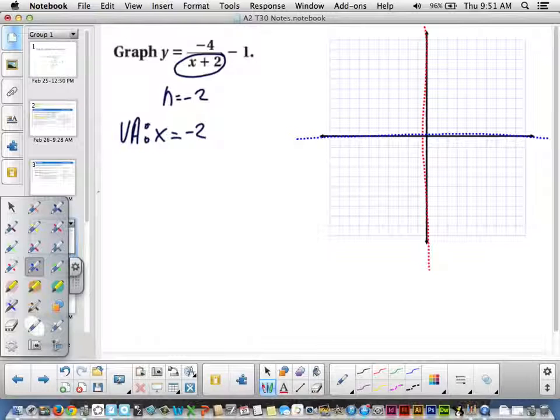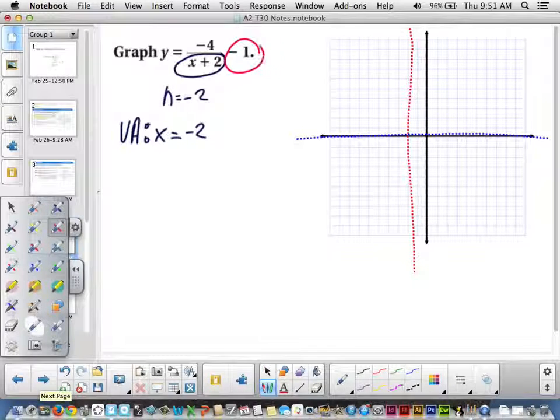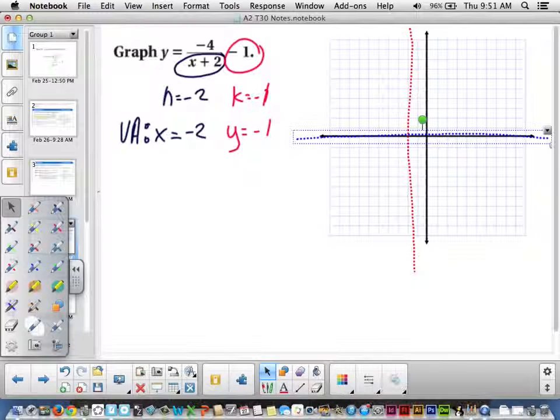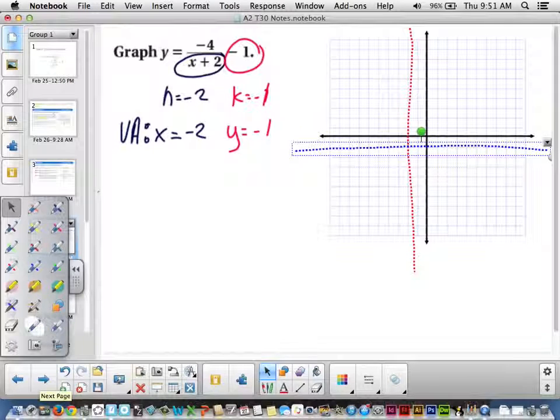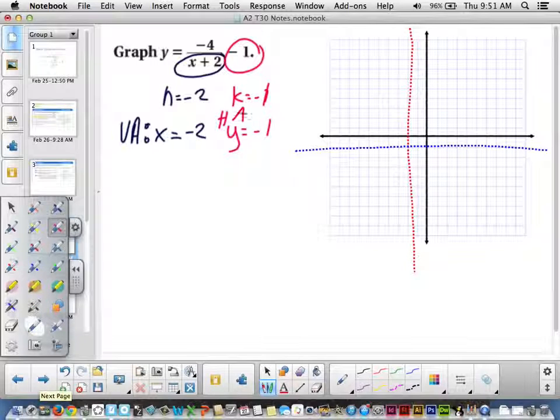Our horizontal asymptote, k equals -1. So that is our horizontal asymptote, y equals -1. We'll shift our asymptote down. So those are our asymptotes, -2 for the vertical and -1 for the horizontal.